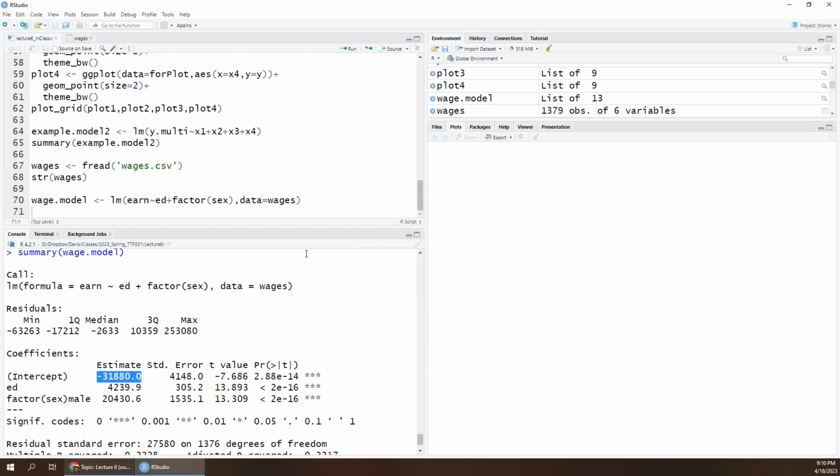So let's draw what this means. If I go over to the plots, oh, actually, I'm going to do this. In this case, I will have an axis of education and earnings.